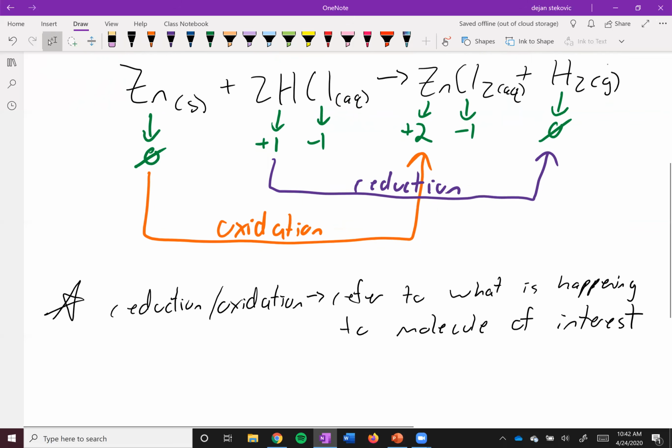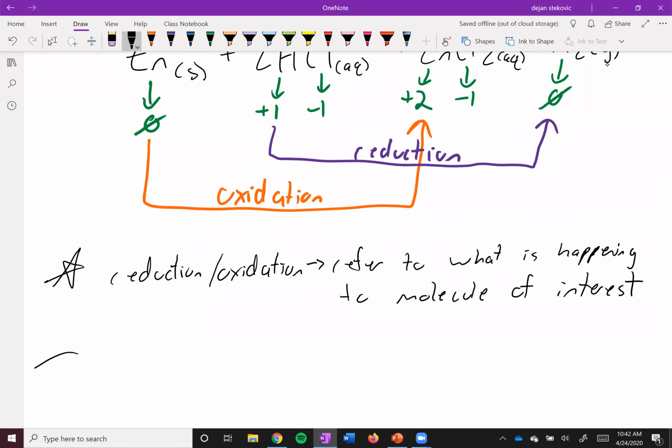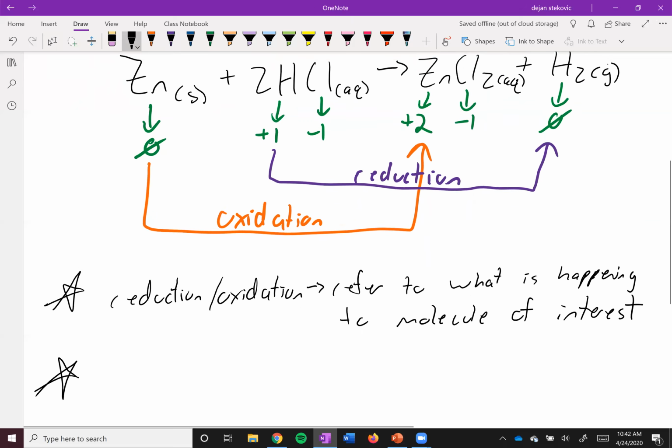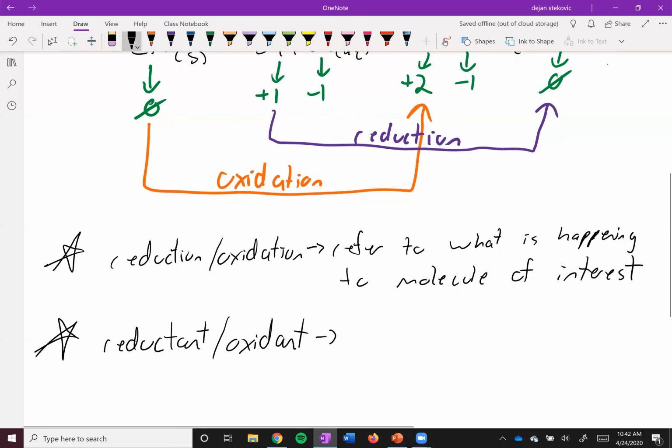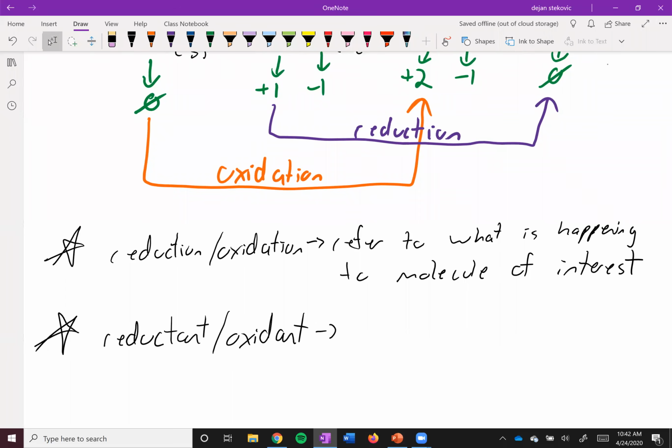Because it is being oxidized. However, we have another set of terminology called reductant and oxidant. And when we say reductant and oxidant, we're referring to what the molecule of interest is doing to other things.